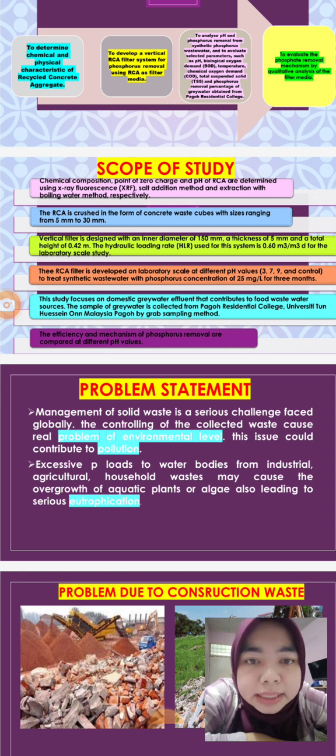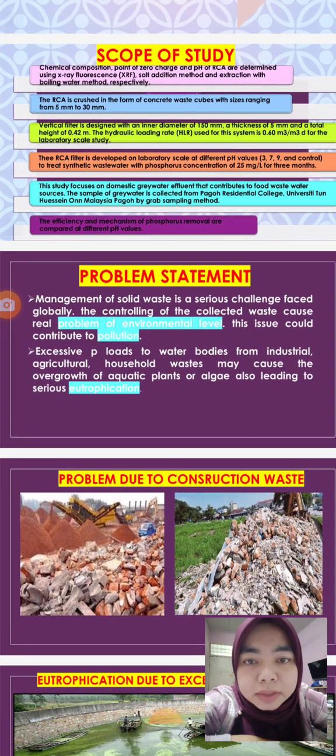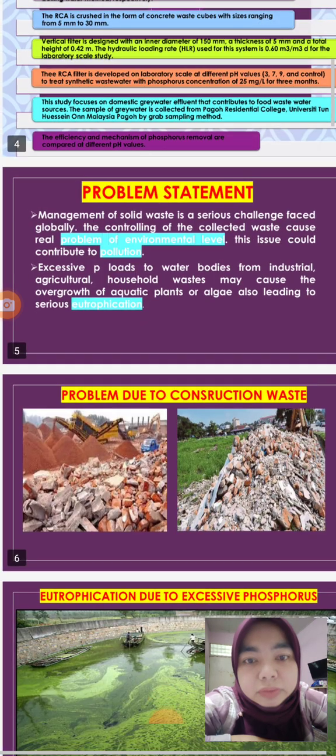Vertical filter is designed with an inner diameter of 150mm, a thickness of 5mm, and total height of 0.42 m. 3 RCA filters are developed on laboratory scale at different pH value, which is 3, 7, 9 and control. This study focuses on the domestic greywater effluent that contributes to food wastewater sources. Next, the efficiency and mechanism of phosphorus removal are compared at different pH value.